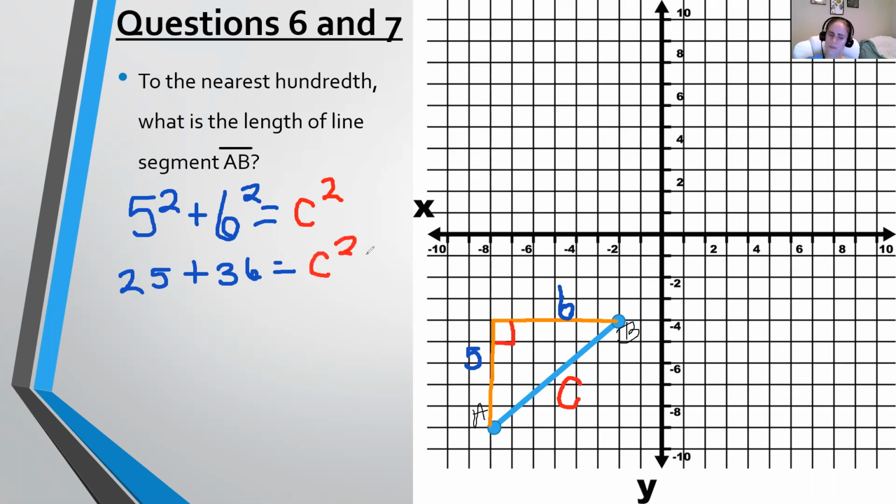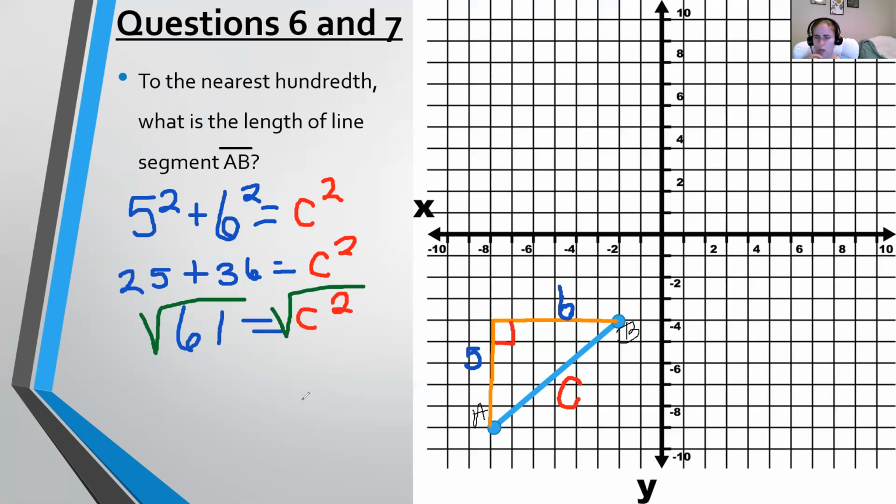What comes next? Do you remember the next step? Hopefully you said to add because we're continuing to simplify and we need to add 25 and 36. That is 61. All right, what's the next step? Yeah, we got to find C, so we need to do the inverse, the opposite of a square, which is a square root.